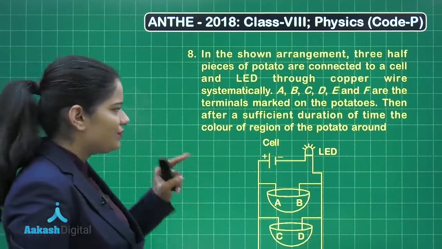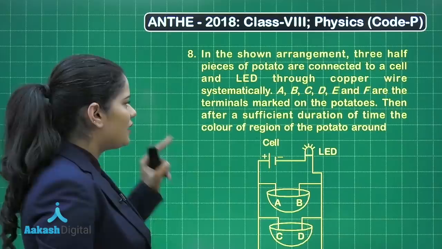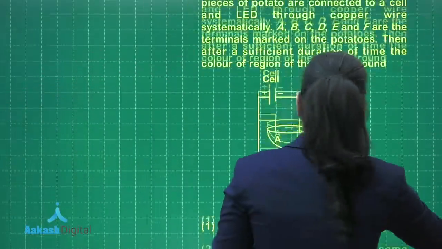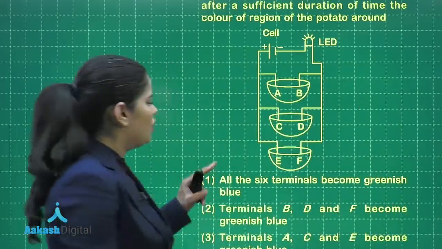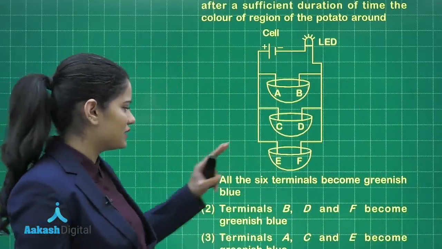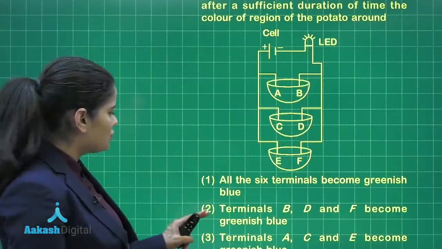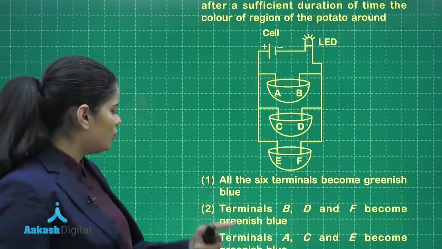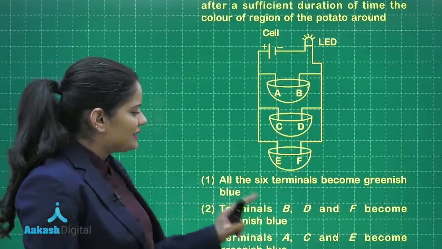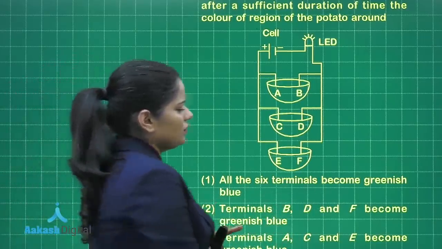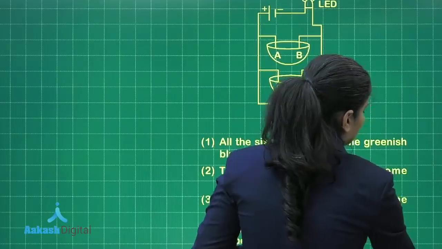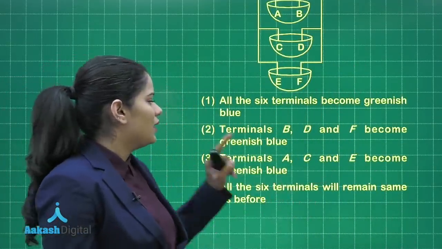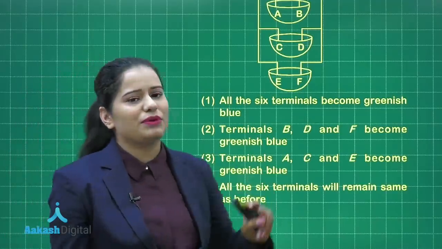Then after a sufficient duration of time, the color of region of the potato around, option number 1 says all the 6 terminals becomes greenish blue. Option number 2 says terminals B, D and F becomes greenish blue. Terminal A, C and E becomes greenish blue. This is written there in option number 3. And option number 4 says all the 6 terminals will remain same as before.